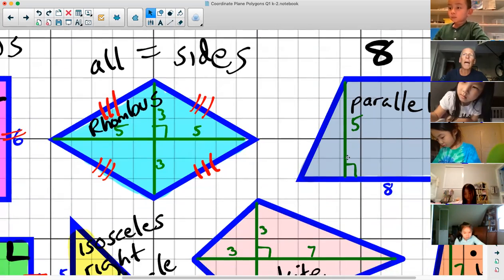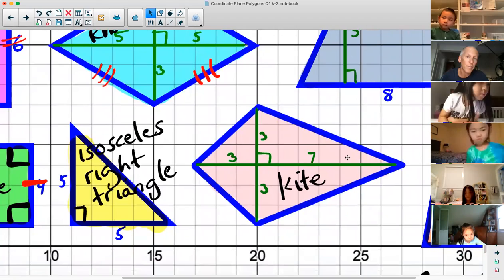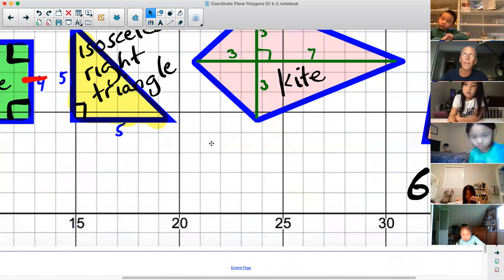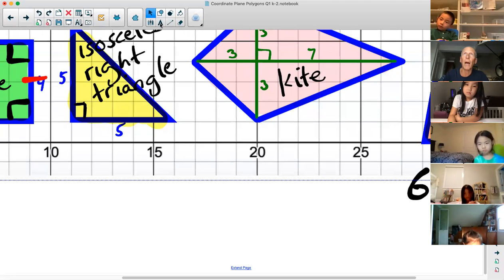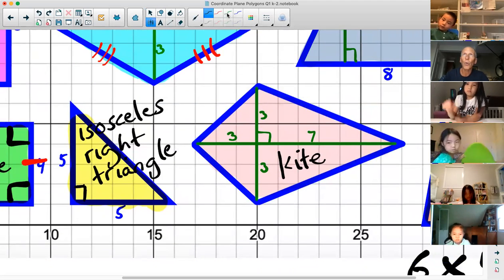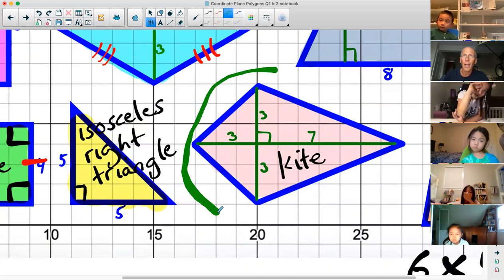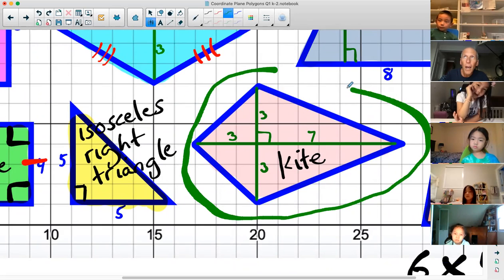Now, my favorite shape in the whole world is what? What do you think is my favorite shape in the whole world? Who can name that? Go ahead, Alice. Say again. A kite. It's called a kite.